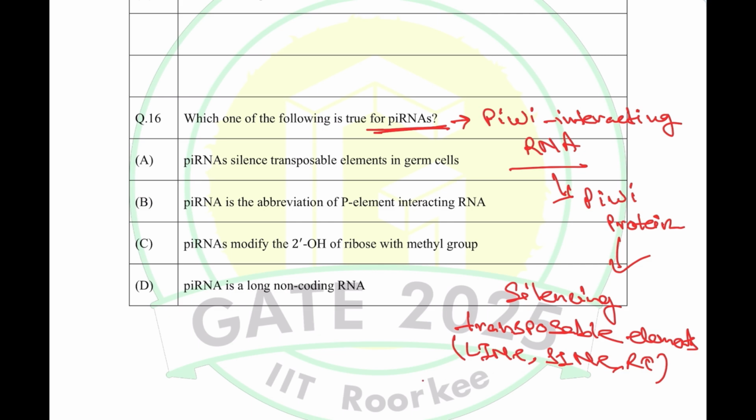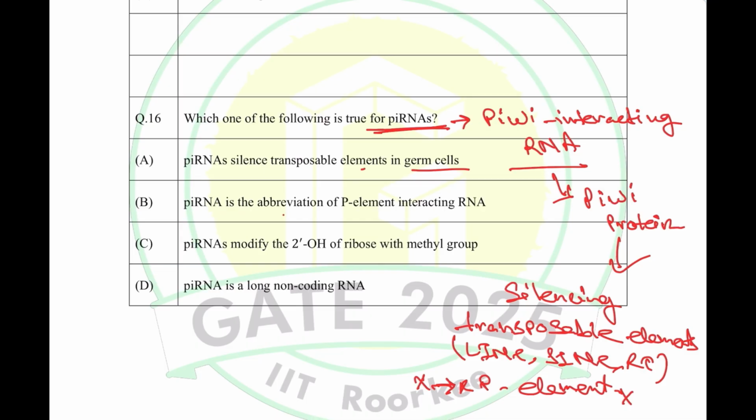And one thing you have to remember is that it will not interact with the P element. So here the option given is: piRNA silence responsible for element in germ cell.